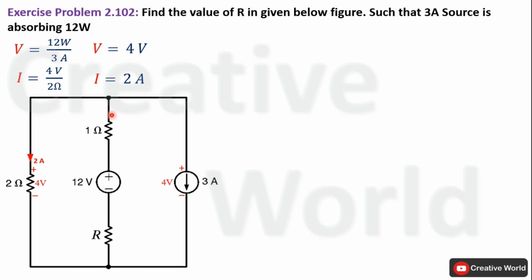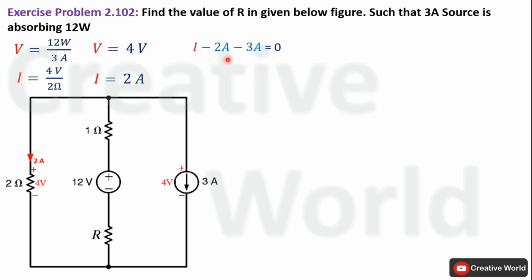Now we can apply Kirchhoff's current law on this node to calculate the current through this branch. Write the KCL equation for this particular node. We are assuming current I is flowing through this branch and it is entering towards this node, while two currents are leaving from this node: one is 3 ampere and the other one is 2 ampere.